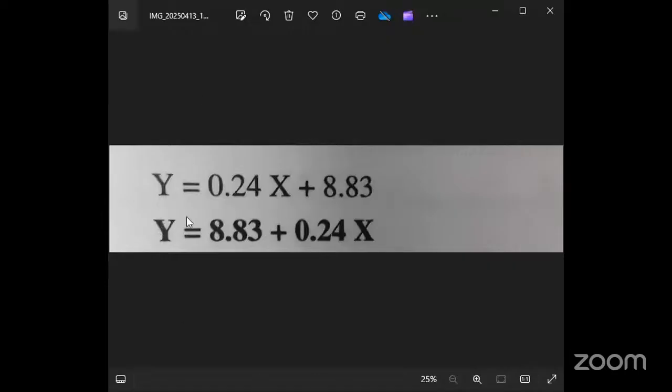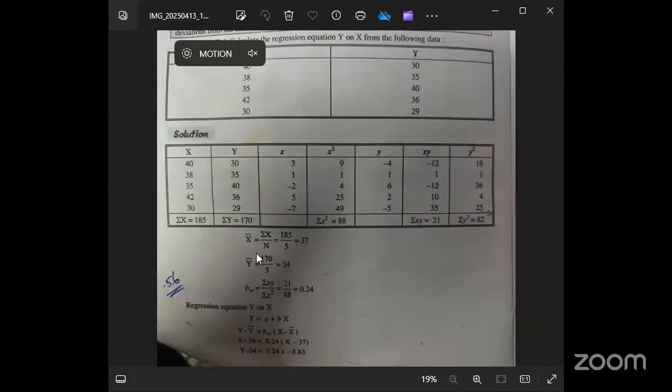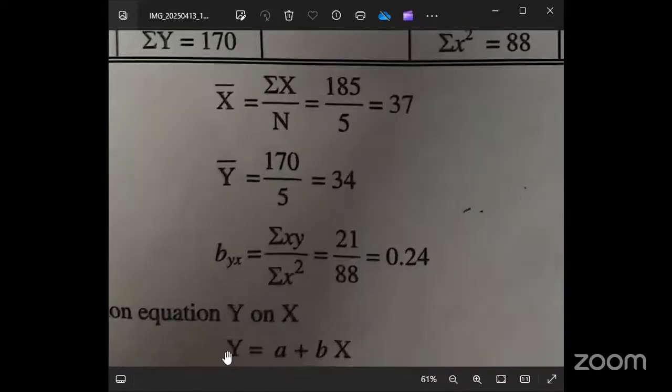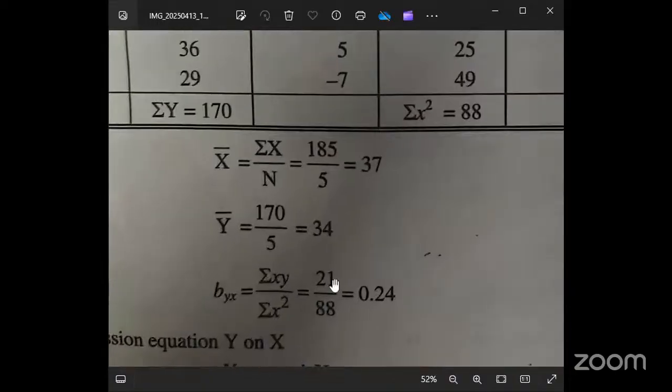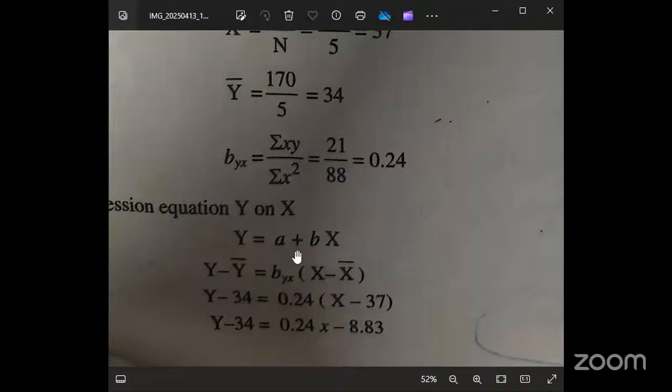So y equals 8.83 plus 0.24x is our answer. Why we got this answer: if we see the problem at the start, the answer should be in this form: y equals a plus bx.